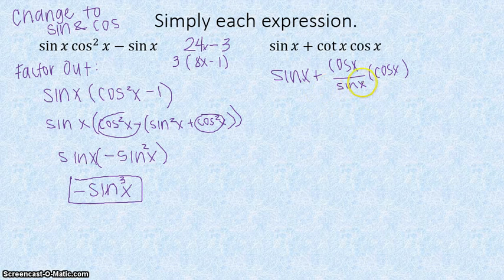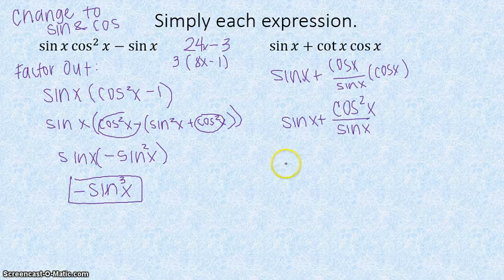I would go ahead and probably simplify that a little bit to make that cosine squared x over sine x for that second term. My sine x out front I did not do anything to. So I changed to sine and cosine. I really don't want to factor anything out since even though they both have sine, this sine is in the denominator. I am adding though, and this is a fraction, so I'm going to find a common denominator.